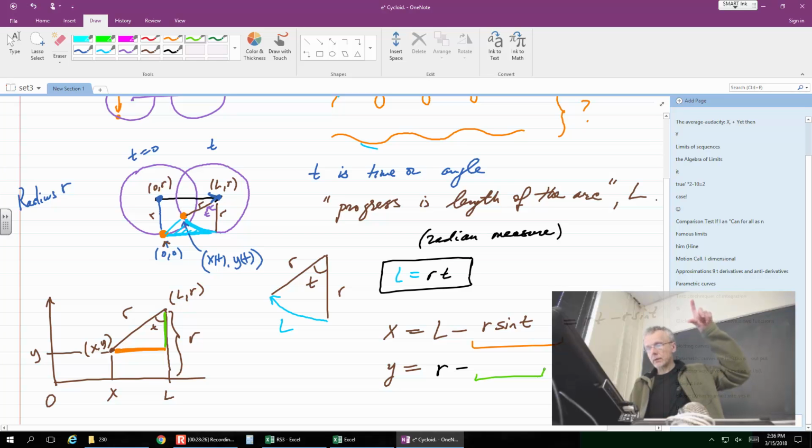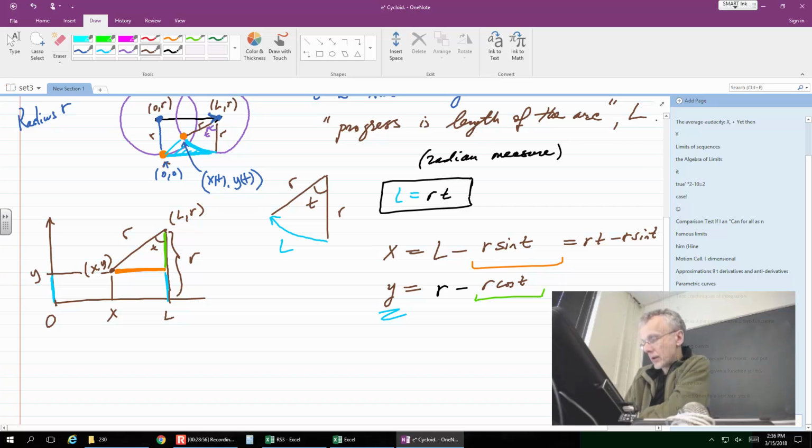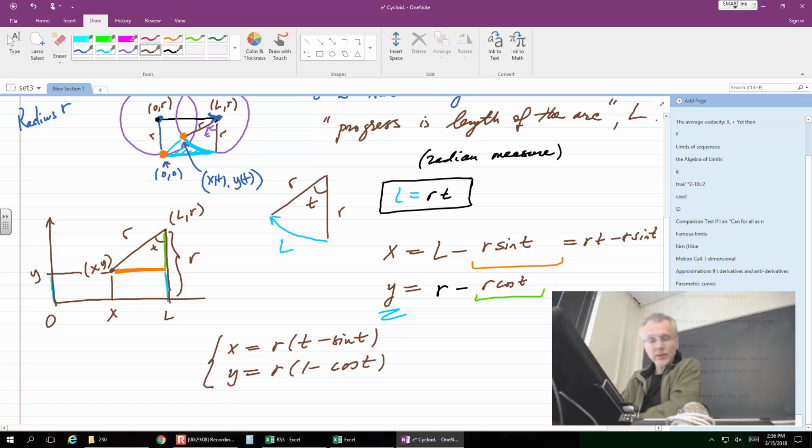So we take r, the whole height to the center, and subtract that part of the triangle, which is, what is it? R cosine t. So, once again, we are done. The whole equation is here. So together, I have x equals r times t minus sine t, and y is r times 1 minus cosine t. So that is the cycloid.